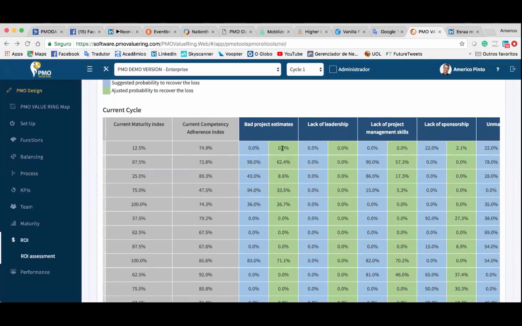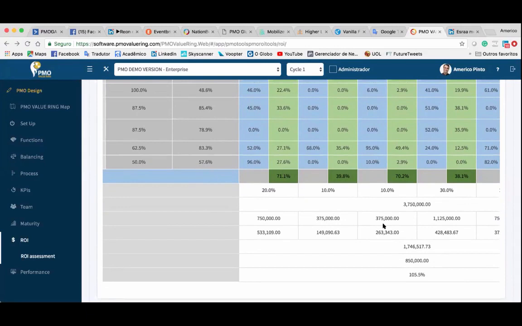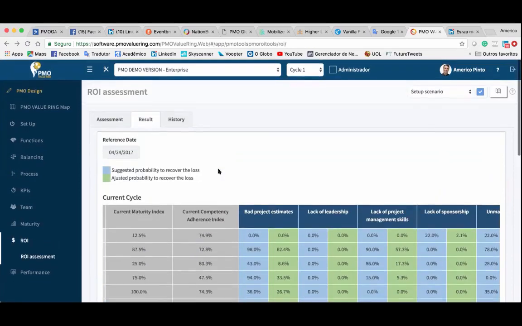So at the end, we will get the result. It's here, the ROI, in this example, 105%, okay? As I said, it's just an example.